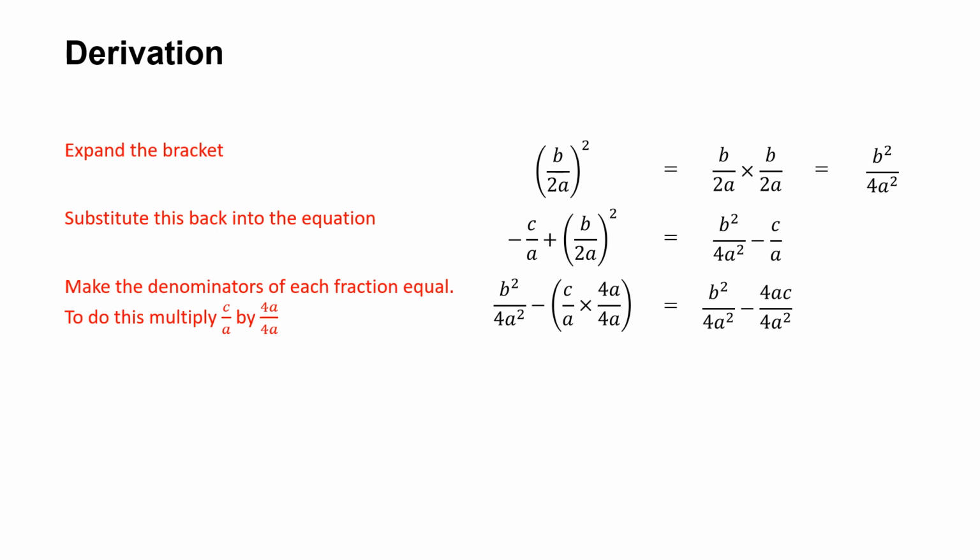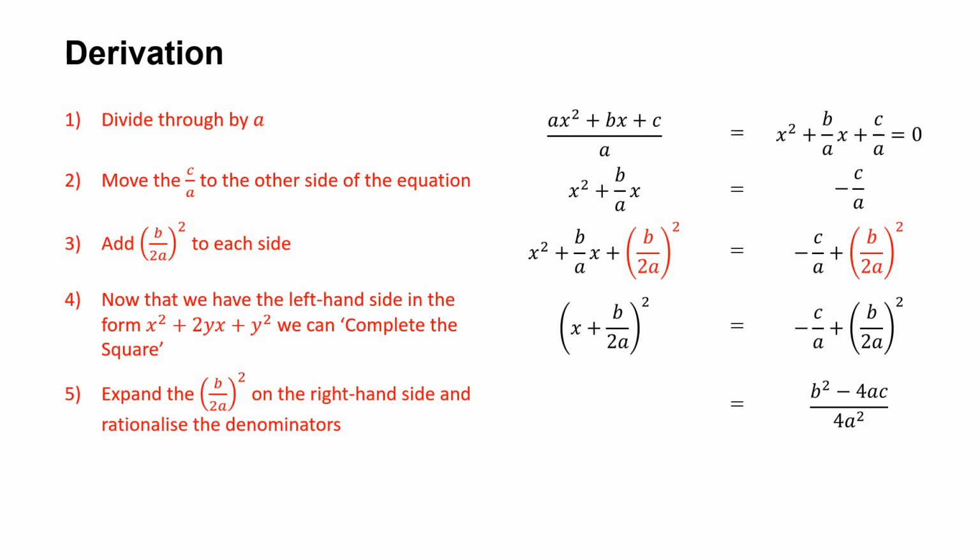So when we do this, we now have b squared over 4a squared minus 4 times a times c divided by 4a squared. And this can be simplified now. We have b squared minus 4 times a times c over 4a squared.